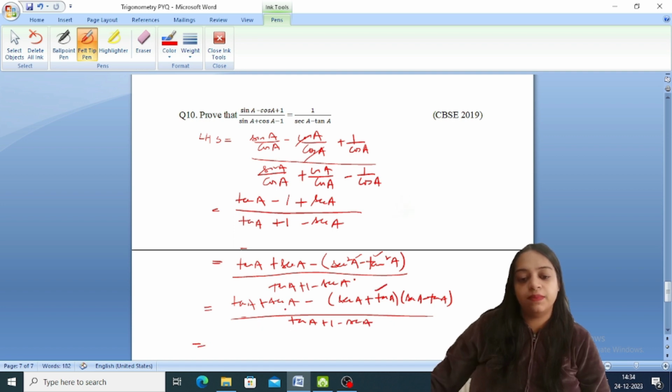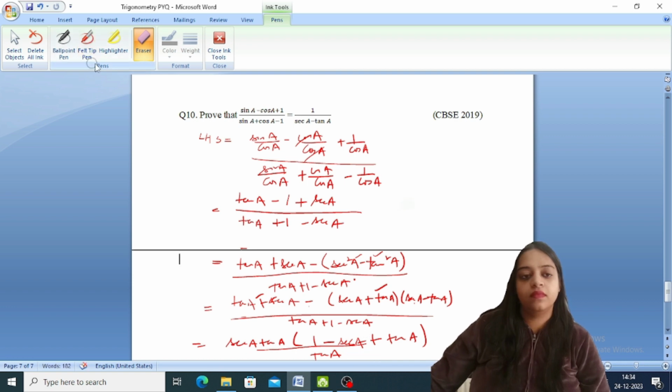Now I am taking out secant A plus tan A common from these two terms. Secant A plus tan A common gives 1 minus, I am opening the brackets also here. This is minus and minus secant A, and this is minus minus plus tan A upon tan A plus 1 minus secant A. See, these two factors are same now.